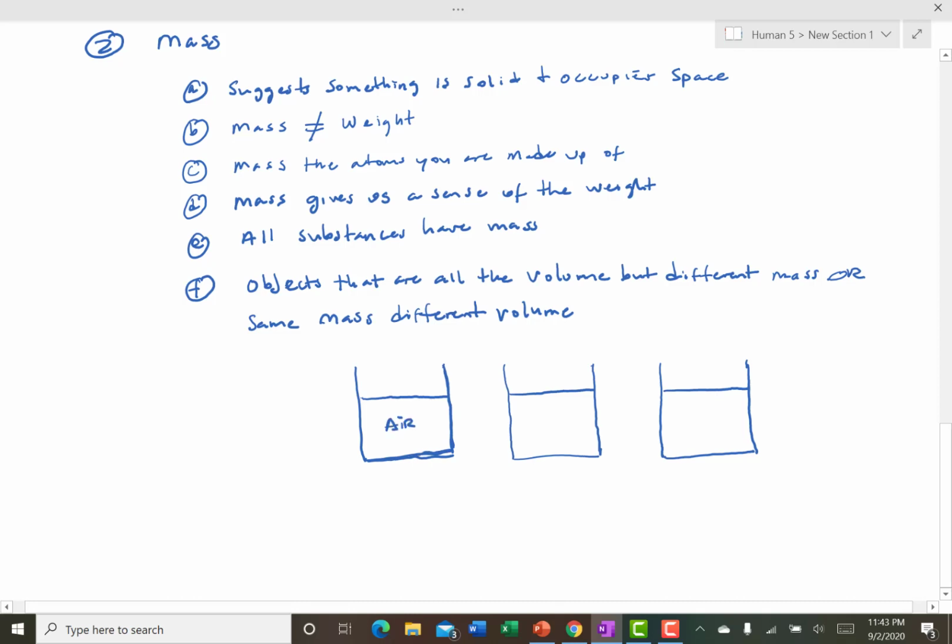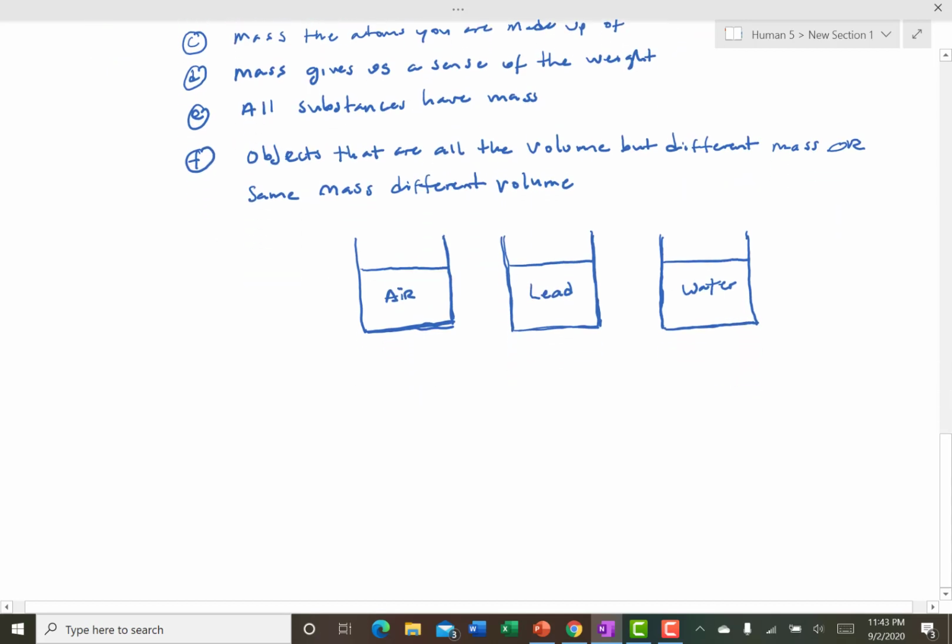And then in the next one you had, let's say, lead. And then in the last one you had water. Okay, so if these were exactly set up, they would all have the same volume, but each is a different mass.